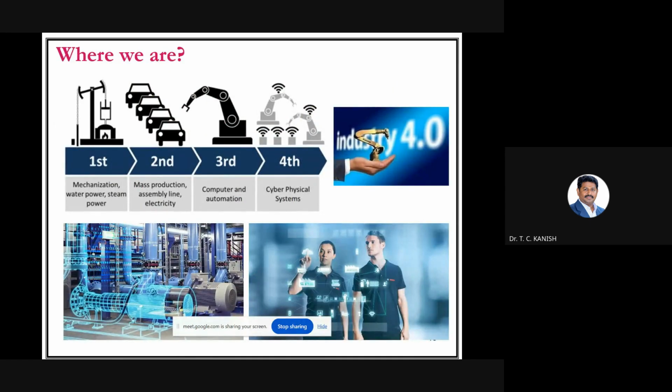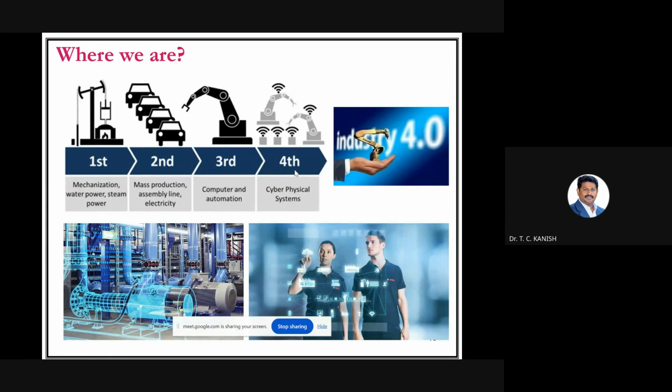So where we are right now, we are working in industry 3.0, and now we are moving to industry 4.0, where cyber physical systems are available. The physical systems will be controlled by the sensor data.